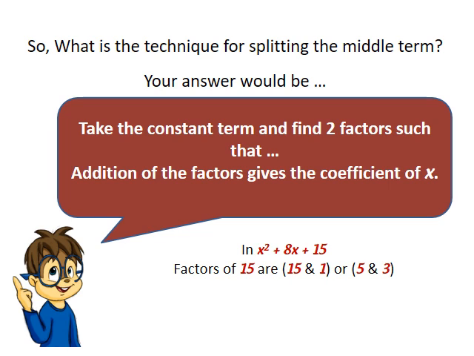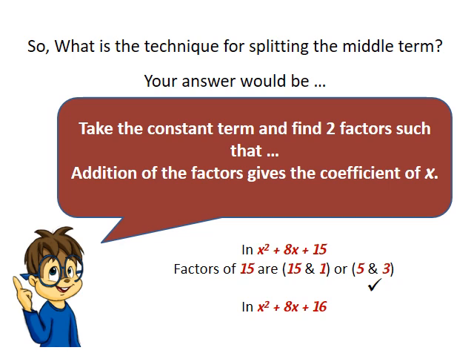But which set of factors do we choose? The middle term, that is the 8x, will help us decide that. When we add 15 plus 1, we get 16, but the middle term is not 16x, it is 8x. If we add 5 and 3, we get 8. So we choose 5 and 3.